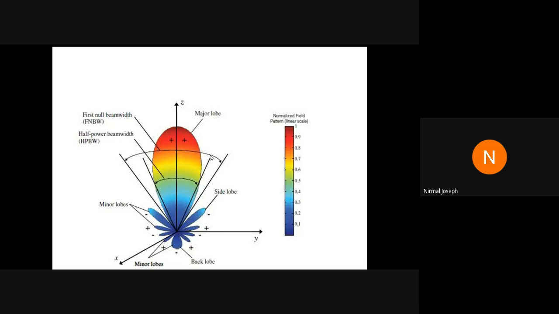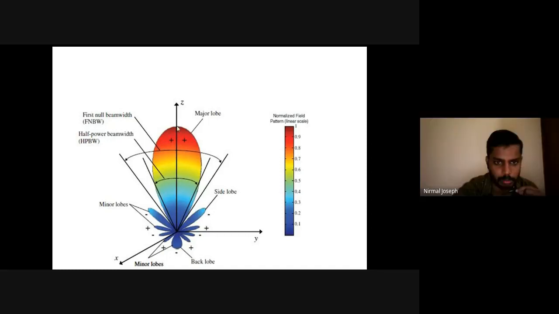This is γ, or this is the beam width of the major lobe, or else we can say that this is the angle between first nulls, or twice the angle between the first null and the major lobe maxima. The major lobe maxima is in this direction.